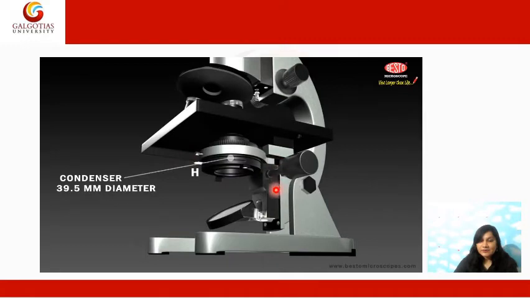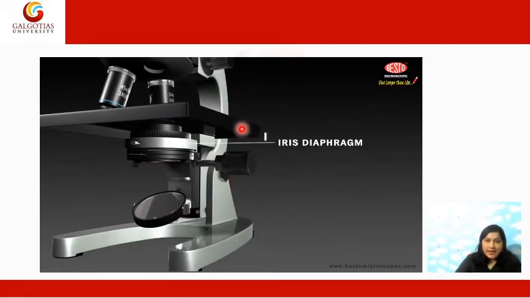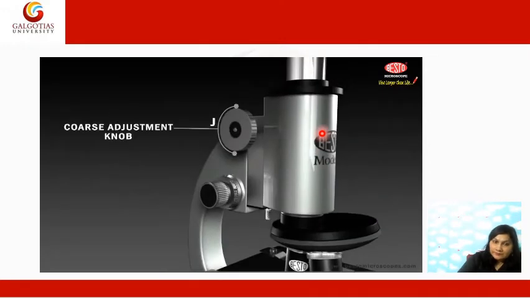This lens is used to condense the light rays obtained from the mirror, and it has 39.5 mm of diameter. This is the iris diaphragm. I will tell you that it has different holes. These are the coarse adjustment knobs.